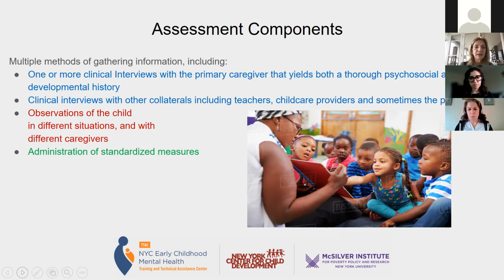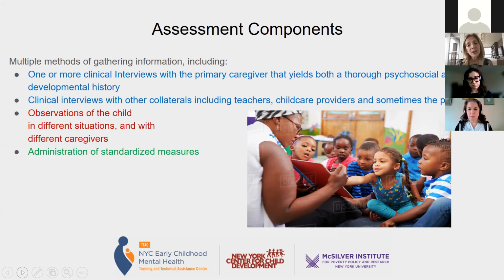Sometimes our clinical interviews also include talking with other collaterals who are important in the life of a child, including their teacher or childcare provider, sometimes depending on the issues, the pediatrician. So an assessment often incorporates information from more than one informant about the child.